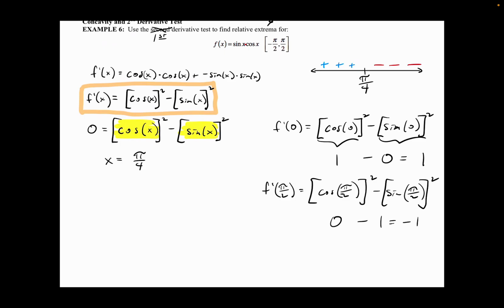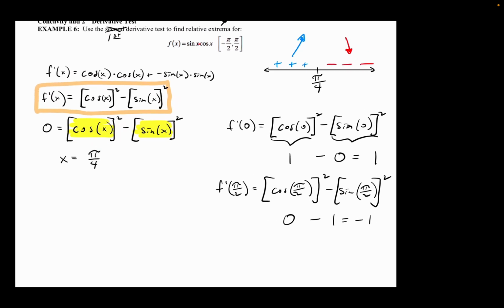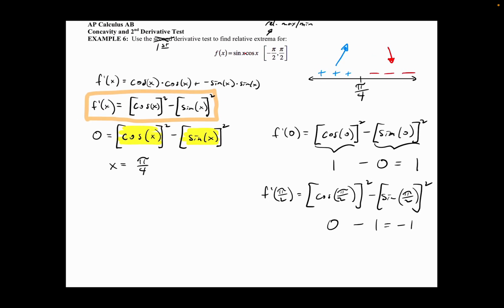So the first derivative test says it increases before and decreases afterwards. If it changes from increasing to decreasing, that creates a maximum.